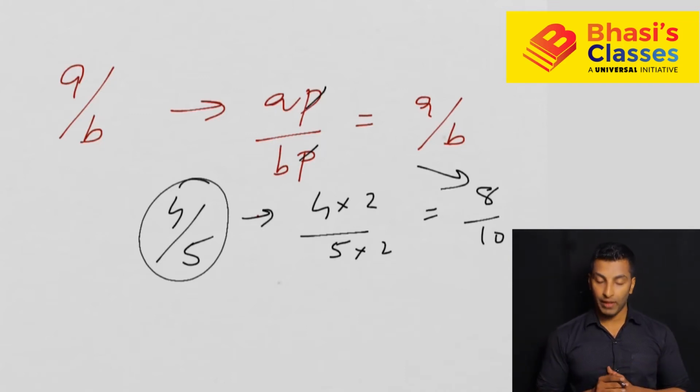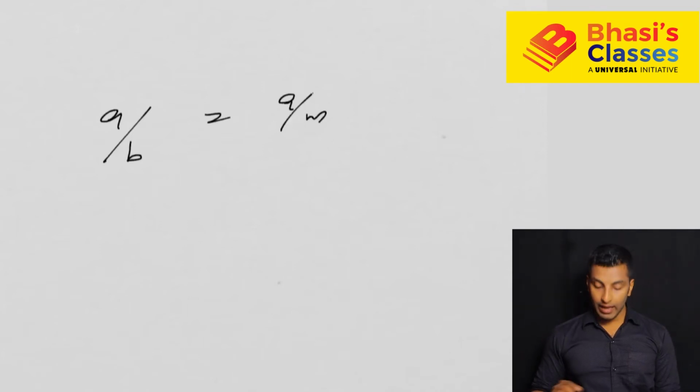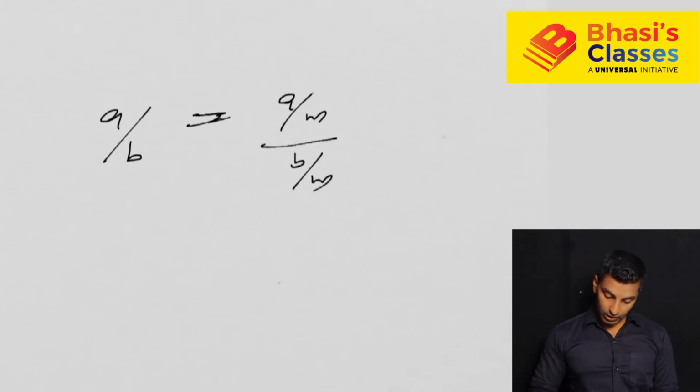That's the property. And the same way the reverse: you have a ratio A by B. Now if you divide A with a number and if you divide B also with the same number, then the ratio will be the same. It's like you divide A by M, then you divide B by M, so these two will be equal, because this is getting cancelled out anyway. Let's suppose you have a ratio 4 by 6.